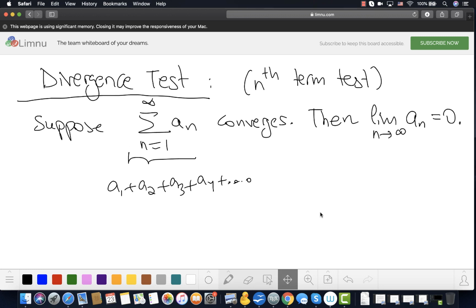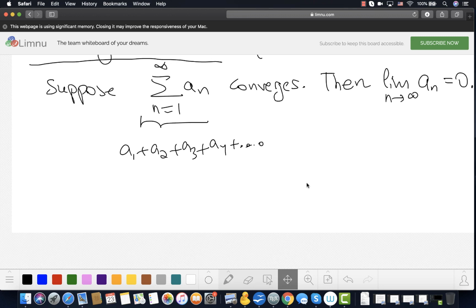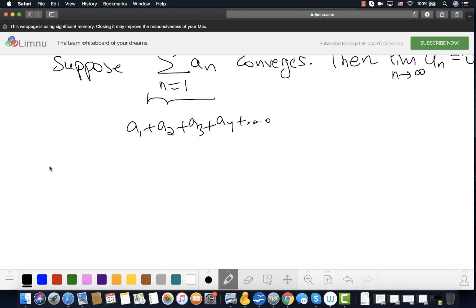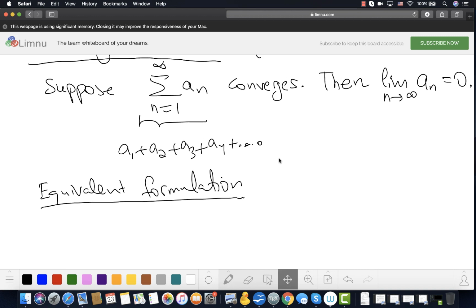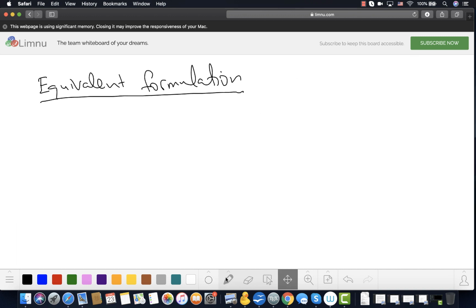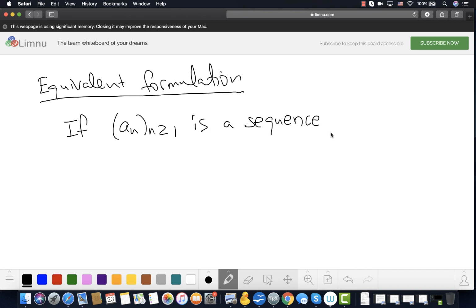Now, the divergence test is usually not applied in this way. It's usually applied in an equivalent way. So the equivalent formulation, which is the one I want you to remember, and which is often useful in practice, is to turn this around. Suppose you start with a sequence such that the limit as n goes to infinity of the an's is not 0.